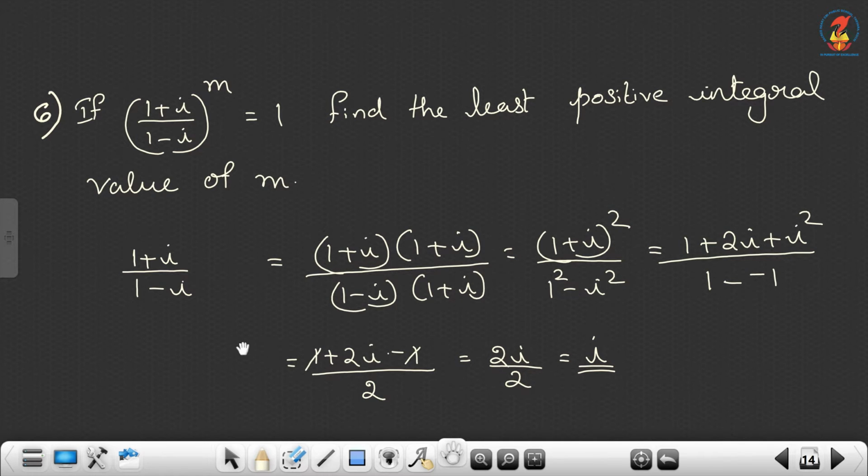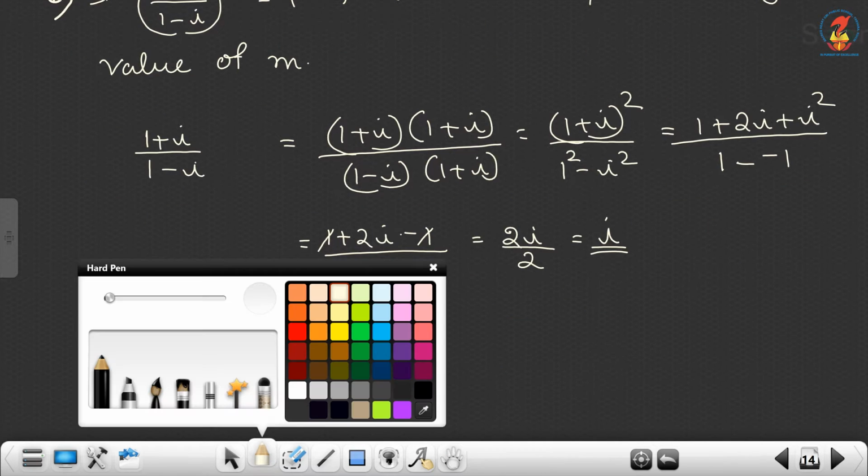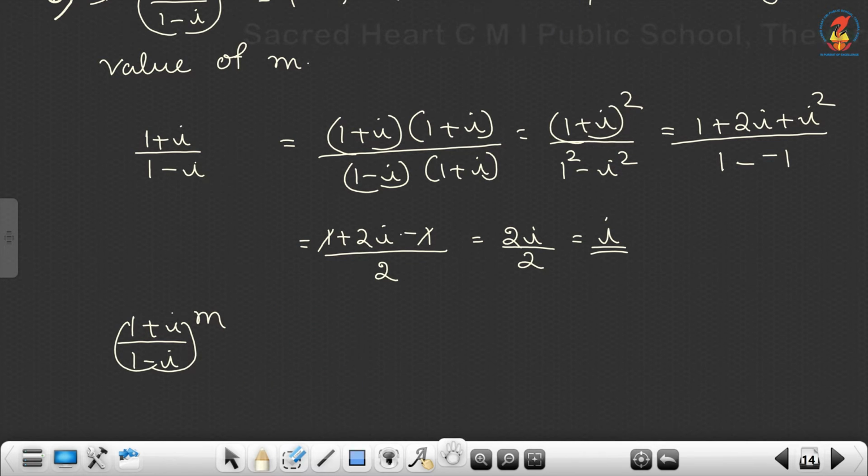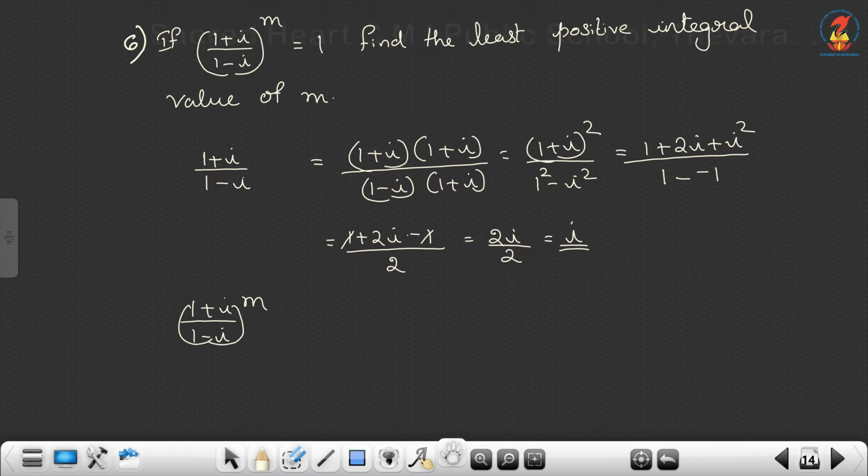Now, this raised to m: ((1 + i)/(1 − i))^m is i^m. And this is given as equal to 1, which implies i^m is 1. So, what is the value of m?